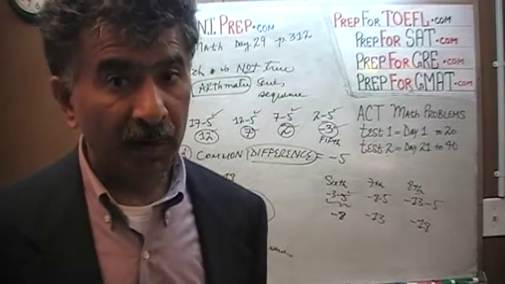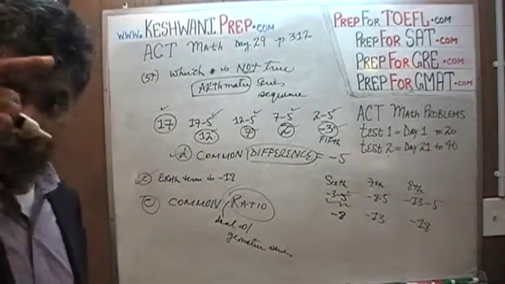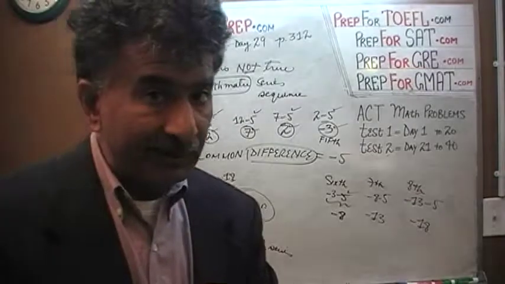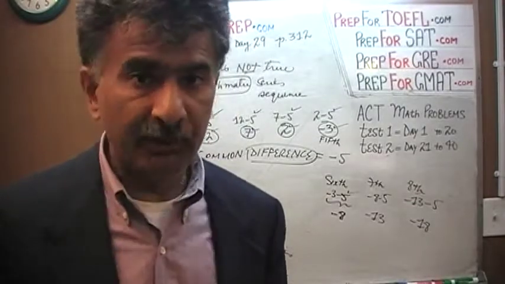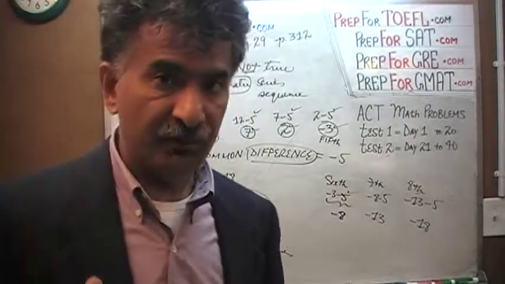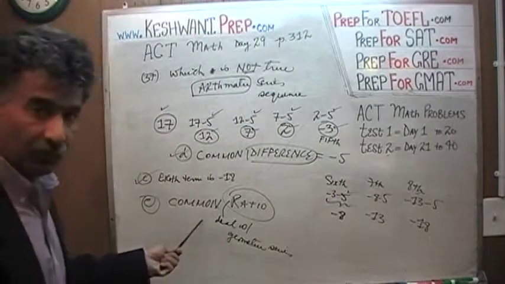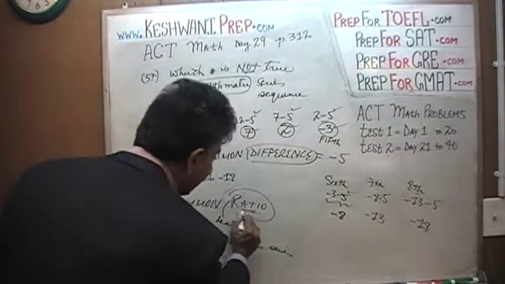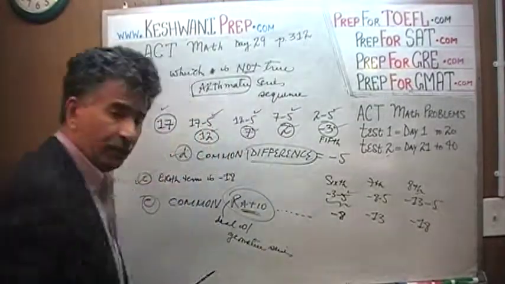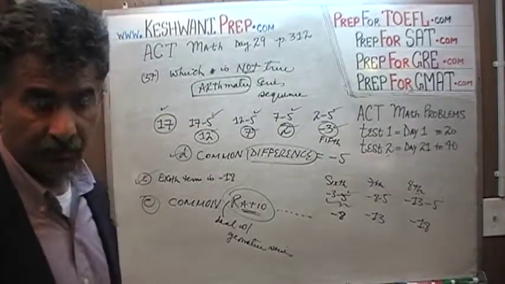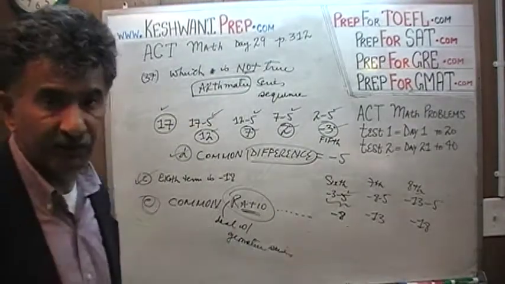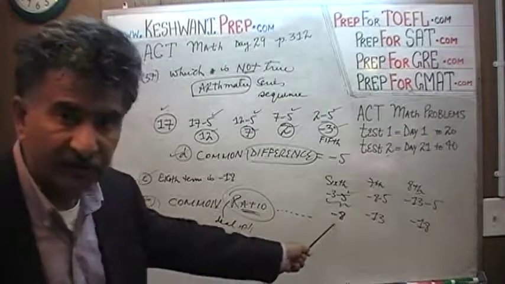So when I saw the words common ratio in answer choice E, as I was browsing through the answer choices without having done any work at all, this guy stood out. There is no such thing as a common ratio. We don't even have to bother reading the rest of the answer choice. It doesn't matter what it says after that.